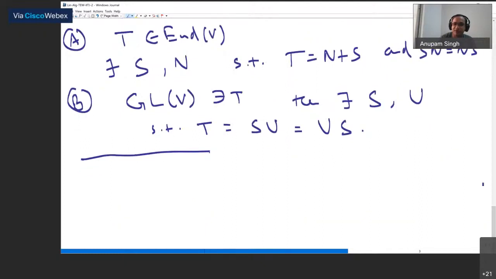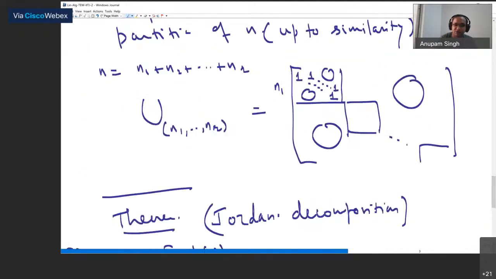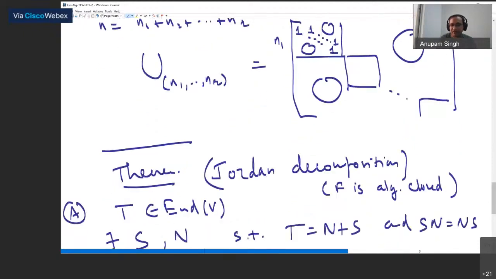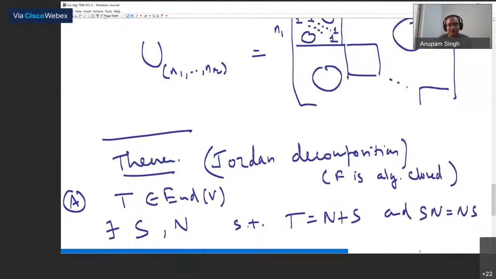In Jordan decomposition I assumed that F is algebraically closed. Although these things can be proved in a more general setting, I would have to define what diagonalizable means and things like that. The more general definition of diagonalizable is what is called semi-simple. That's why I'm using the notation S. But right now, let's not worry too much about it.